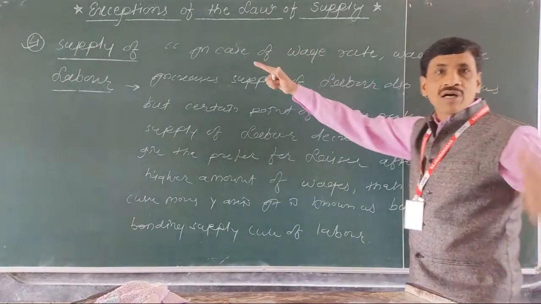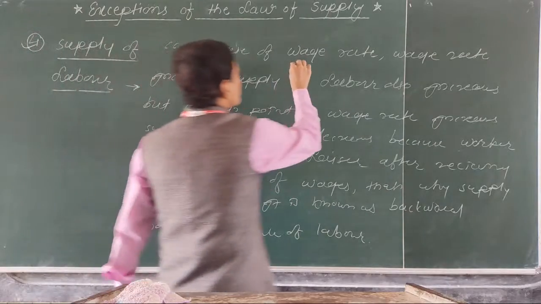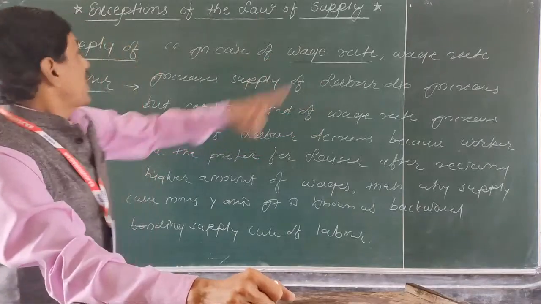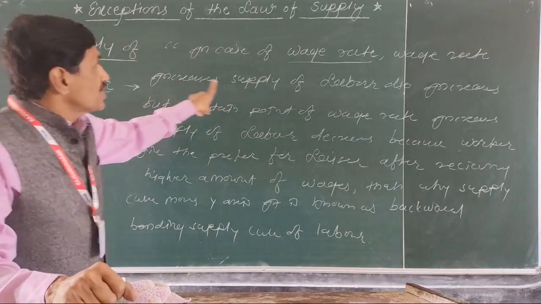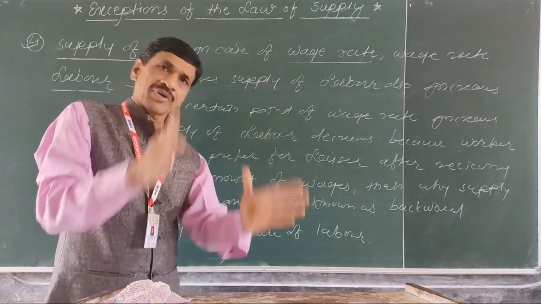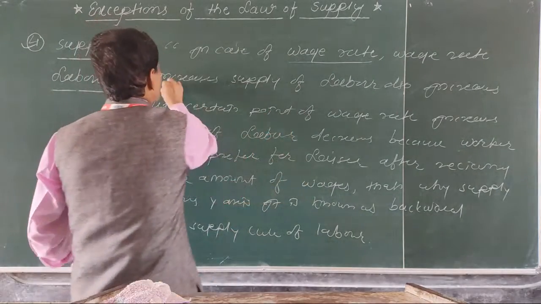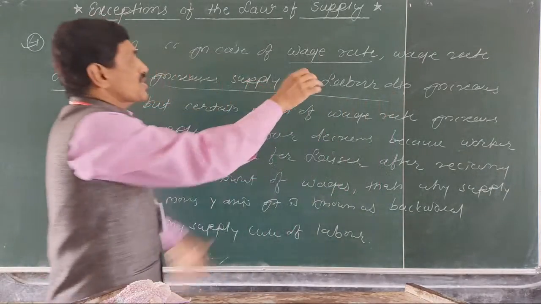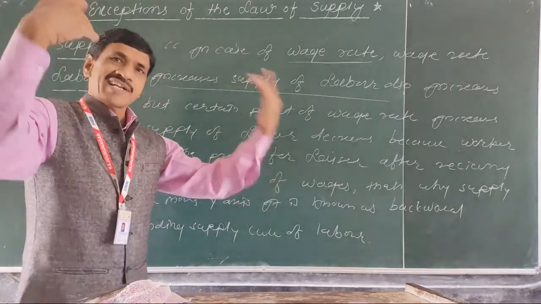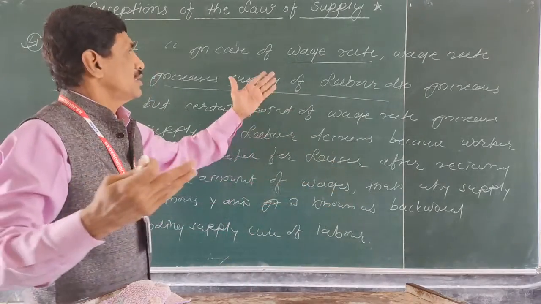So in simple language, when the wage rate increases, supply of labor also increases. That situation is 100% related to the law of supply. Wage rate increases, supply also increases. Wage rate decreases, supply of labor also decreases.